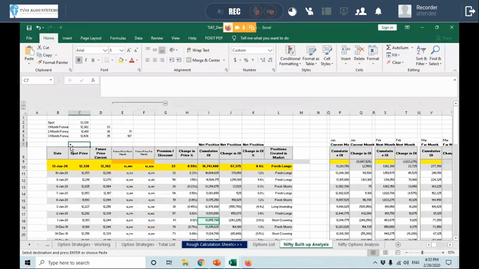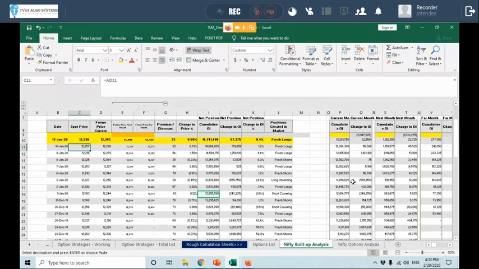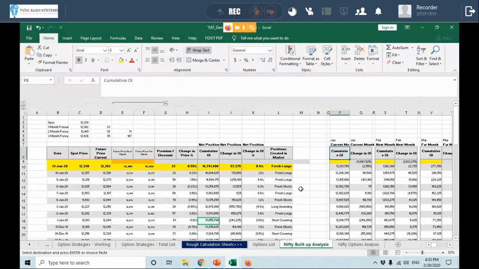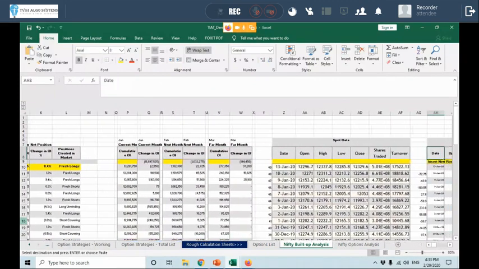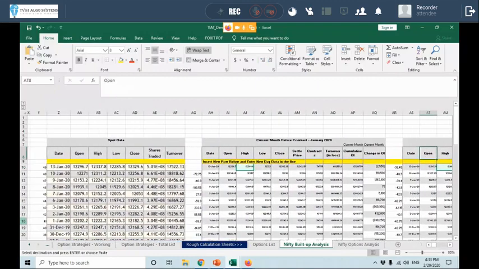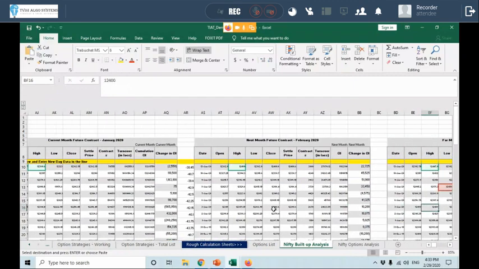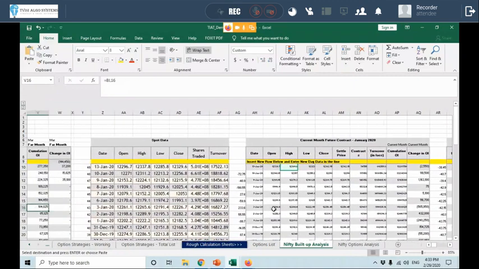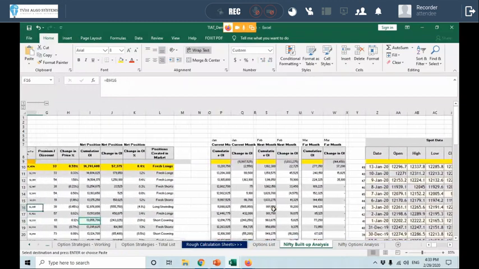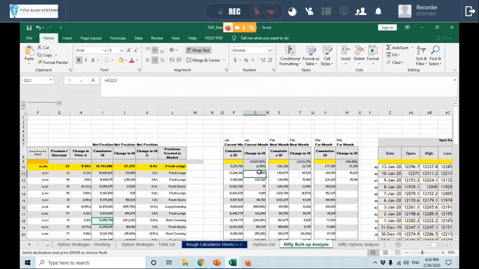Now, this is the built up analysis which we do. We try to see the futures data for the current month contract, for the next month contract, and the far month contract. We take the spot data. I am taking the open interest and change in open interest for all three contracts: current month, next month, far month.